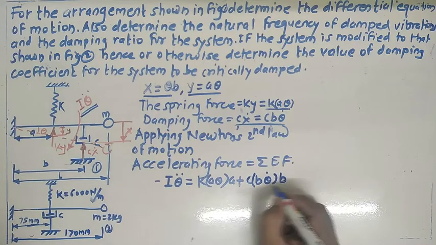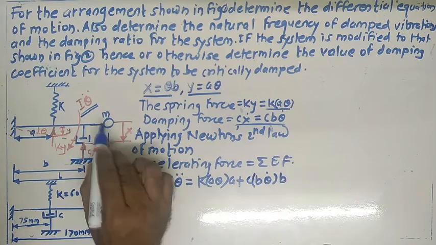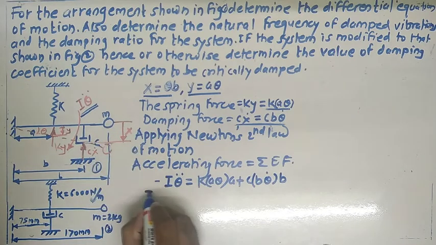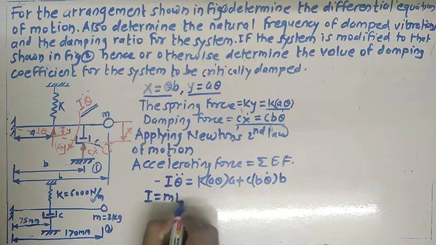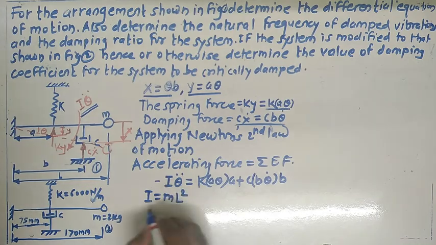For the concentrated mass, we know the value of I is m l square. Now we write this equation in such a way that we can get to the next step.